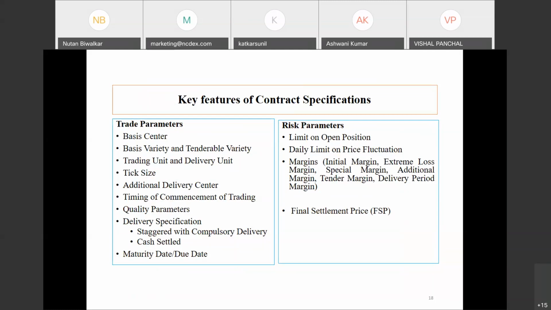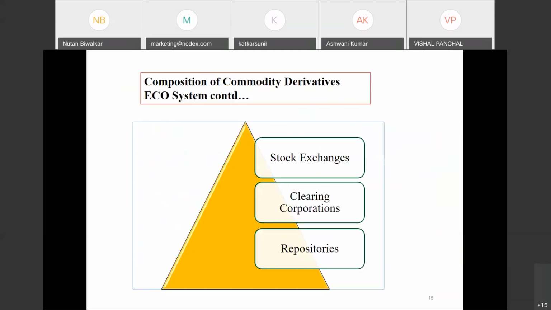So there are other risk parameters like limit on open position, daily price limit, and margin, because these are essential to make the contract highly liquid, or to generate liquidity. There should not be any misuse of this contract. So from that point of view, risk parameters are essential.